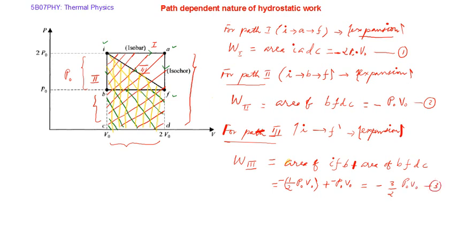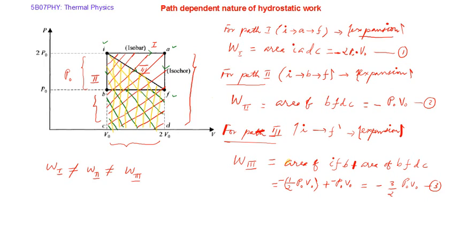So it's time to conclude. The work done in the first case, W1, that is the first path, is not equal to, from equations 1, 2 and 3 you can get it, the work done following the second path, which is nevertheless not equal to the work done following the third path.